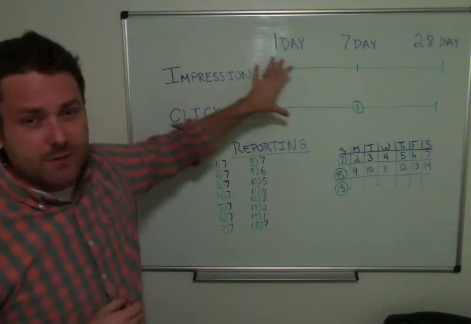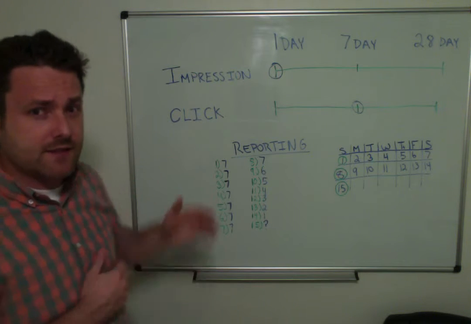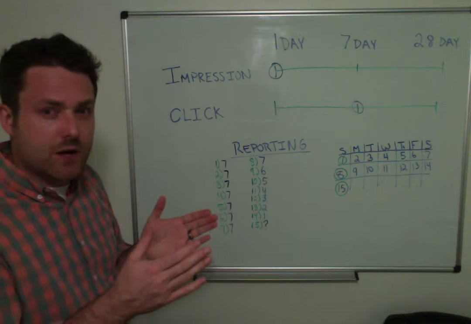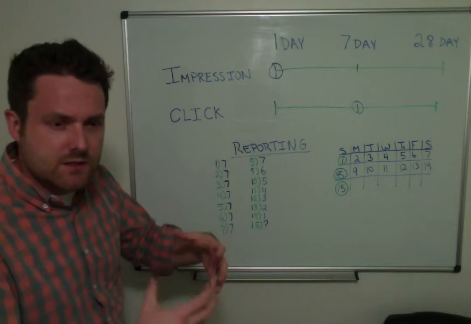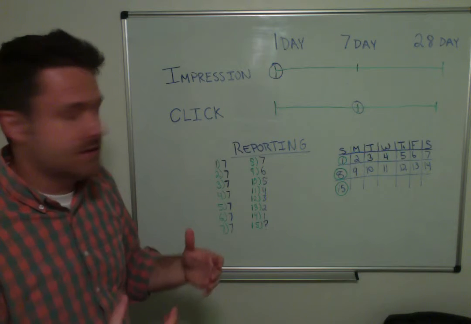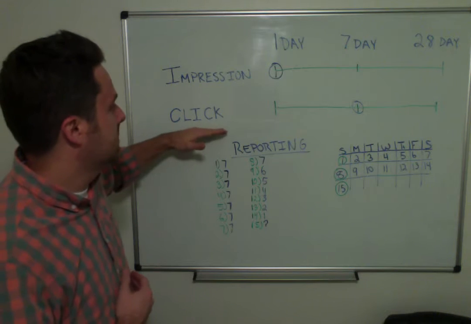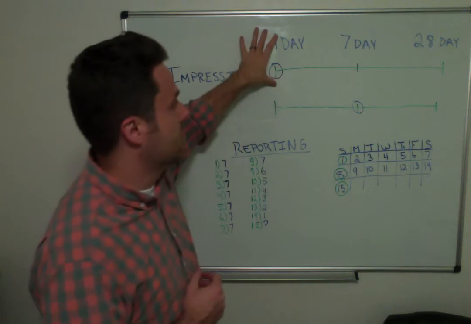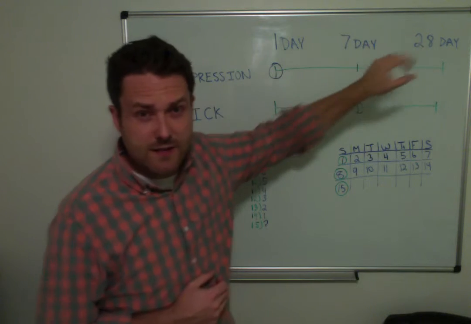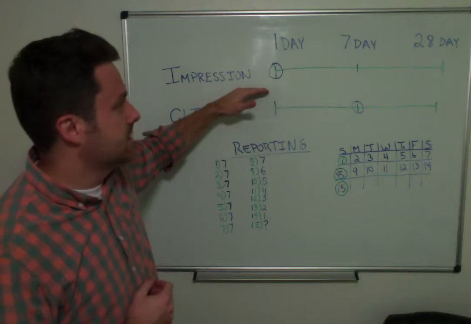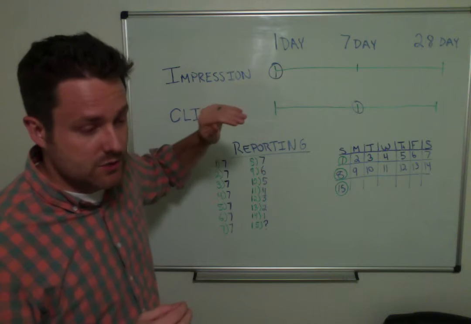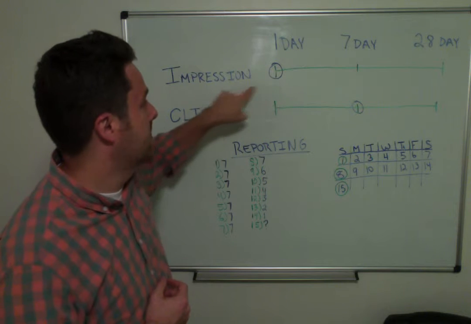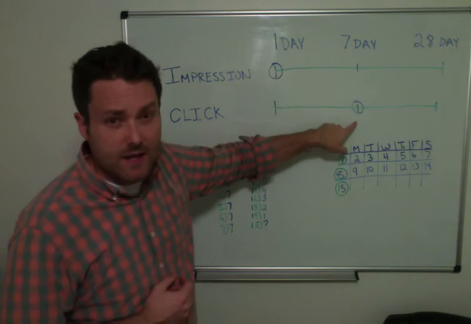And then you can determine how far after that event, either the impression or the click, do you want to capture that data. Here I have three options: a 1 day, a 7 day, and a 28 day. And you can choose any combination of those. But in this one we chose a 1 day impression and a 7 day click.